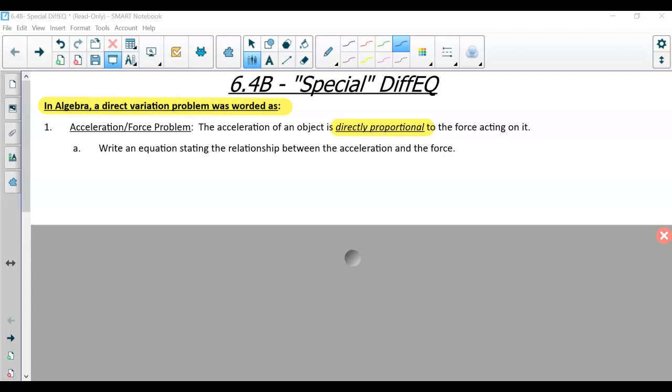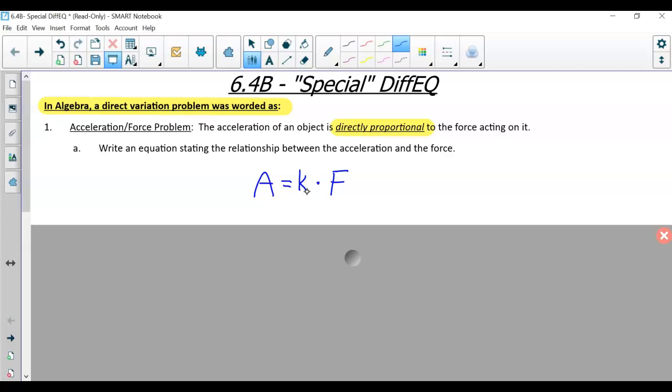To write an equation stating this relationship, we're going to say our acceleration is directly proportional to the force acting on it. And like I said, there's some constant k that I can multiply times my force. K is a constant that is going to make a and f equal. That is going to relate a and f and make an equal statement for that.